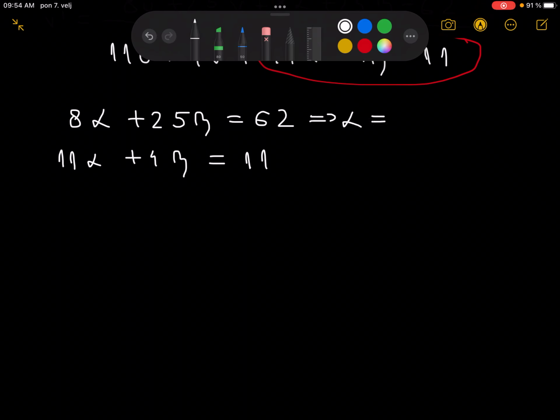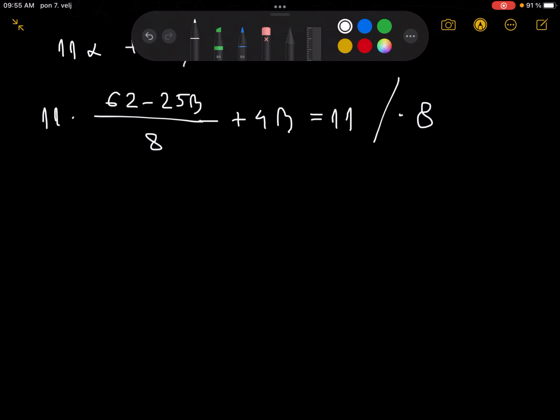Let's now multiply both sides by 8, and what we're going to get is 11 times 62, which is equal to 682, minus 11 times 25, which is 275 beta, plus 32 beta is equal to 88.